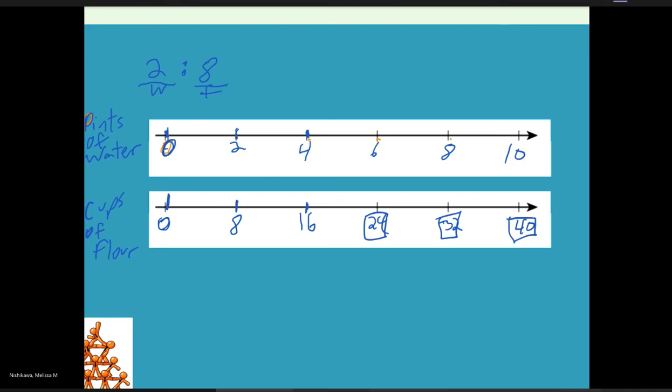The first question, I know you can't see it, is how much flour should be used with 10 pints of water? Type it in the chat box. So again, our pints of water.